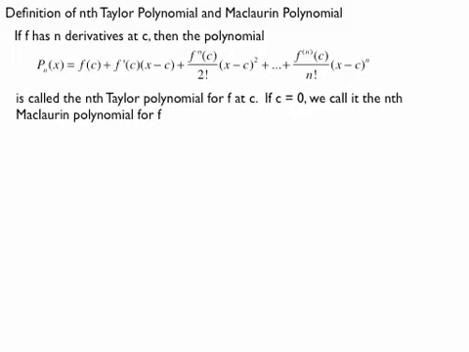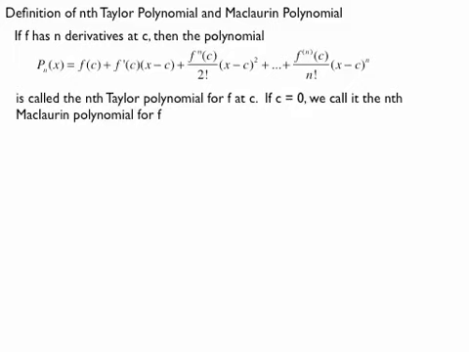Okay, if f has n derivatives at c, then the polynomial p sub n of x is equal to f of c, remember, that was a sub 0, plus f prime of c times x minus c, plus f double prime of c over 2 factorial times x minus c squared. And then the next one in that sequence would be f triple prime of c over 3 factorial times x minus c to the third. And then the fourth derivative of f evaluated at c over 4 factorial times x minus c to the fourth.